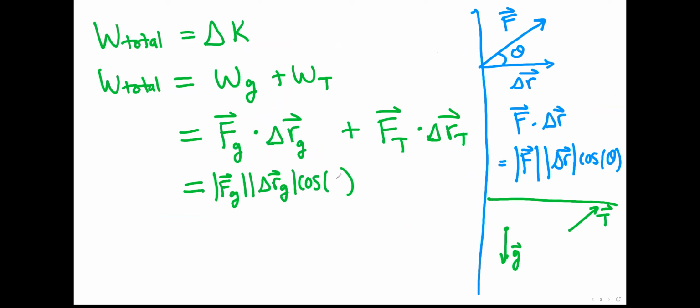So this angle is going to be 0 degrees because the displacement due to gravity is going to be parallel to the force due to gravity. Yeah, because gravitational force is pointing down and the displacement delta R is pointing down. Precisely. So we're going to have cos of 0 degrees there.